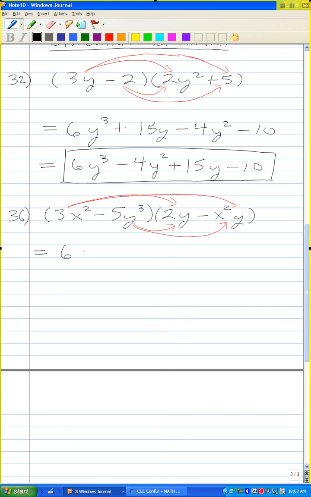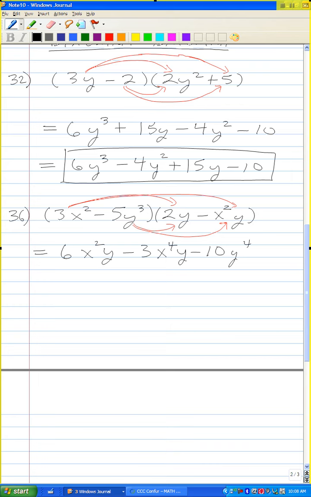X squared times y, x squared y. 3 times negative 1, negative 3. X squared times x squared, x to the 4, y. Negative 5 times 2, negative 10. Y cubed times y, y to the 4.